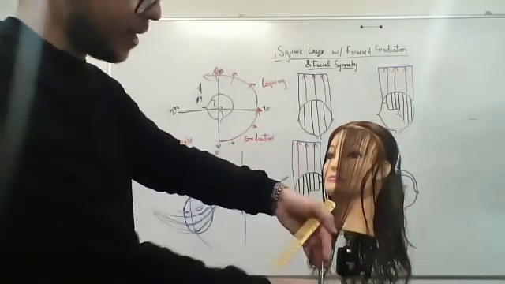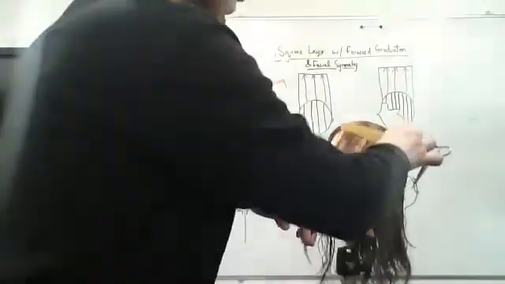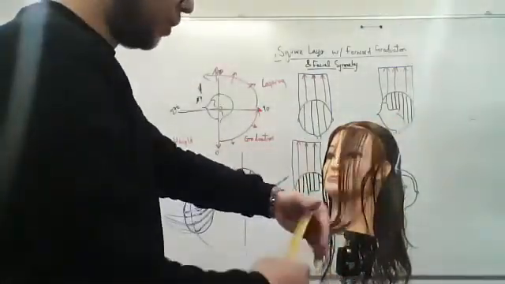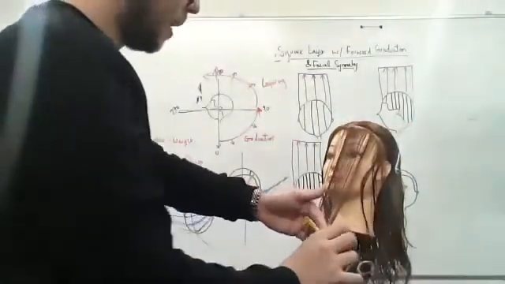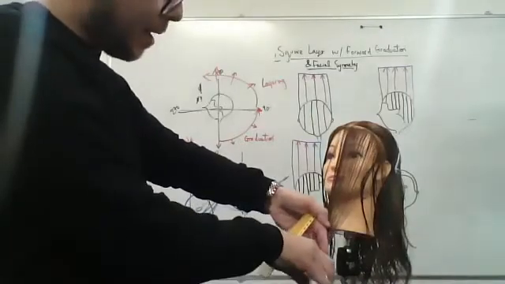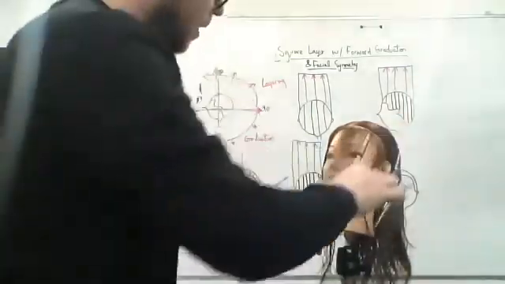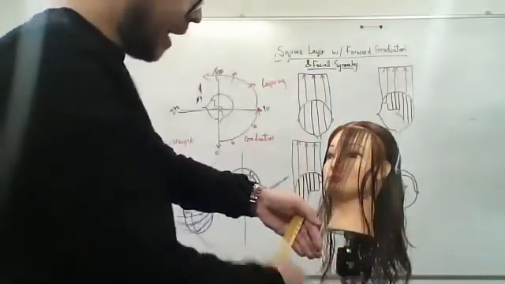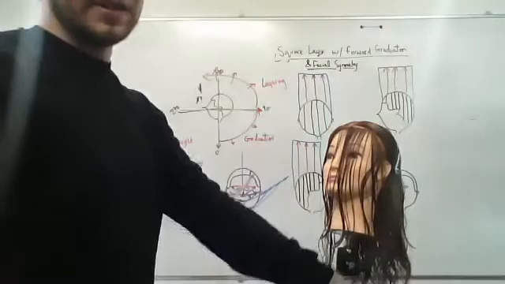Okay, I've got my little guide in there from my central point, and I'm going to knock that out, keep a nice tension, point down to the floor, angle my knuckle up to the guest's nose, and that is going to ensure that I connect and keep my length in the base.